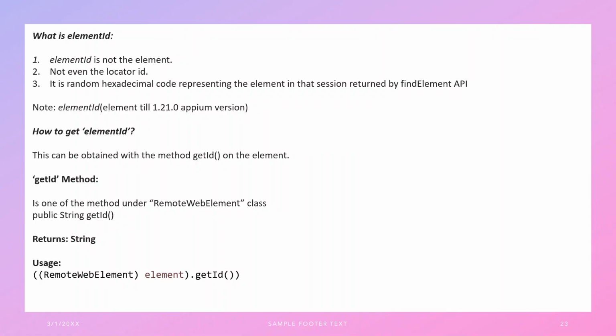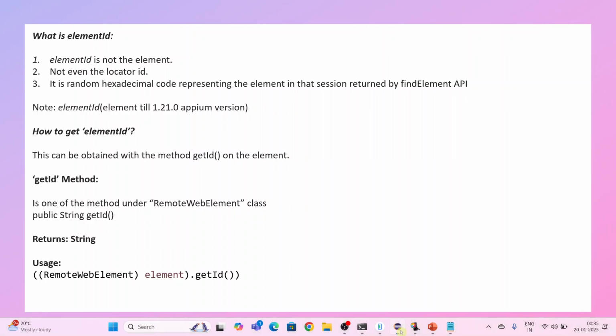We need to cache this element to the RemoteWebElement to use this getId method. All these things we will understand in depth when we write the code. So now, go to Eclipse.